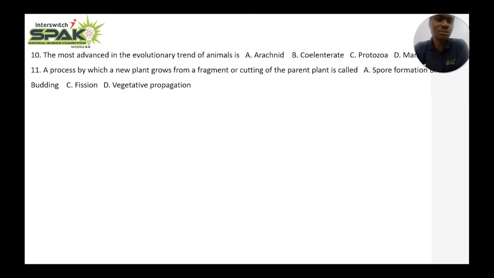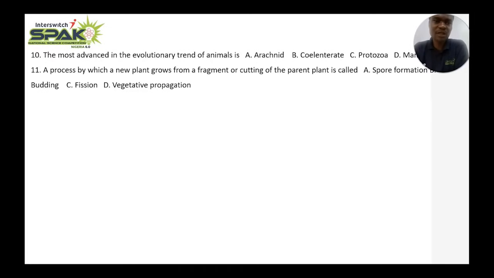No. Fission, where an individual splits, as common as in binary fission that we have in amoeba, for example. Then we have option D, vegetative propagation. Vegetative propagation is the development of a new individual from the vegetative part of a plant.